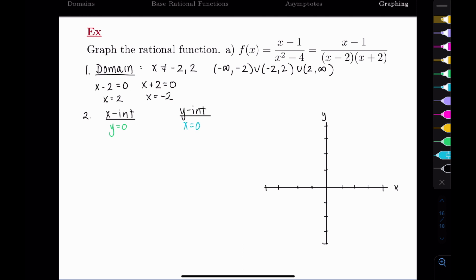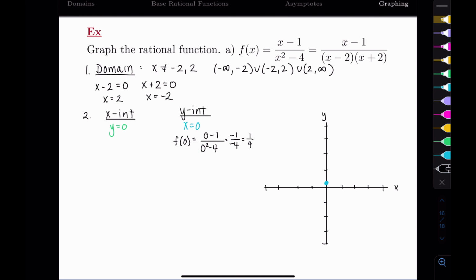So you're really setting the opposite variable equal to 0. The y-intercept is always much nicer because you just plug in 0. That would be 0 minus 1 over 0 squared minus 4. So this is negative 1 over negative 4, which leads us to positive 1/4. So our y-intercept is roughly around right here.